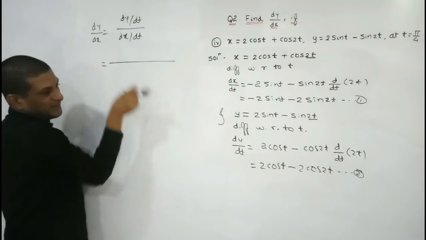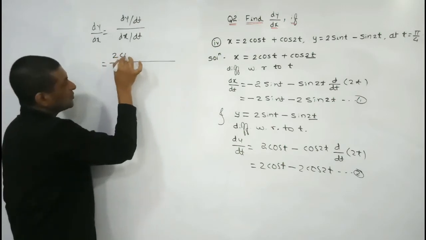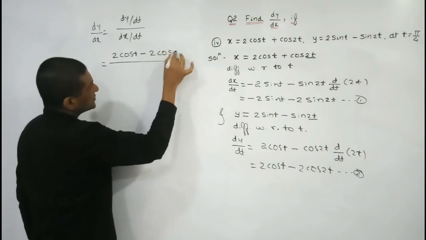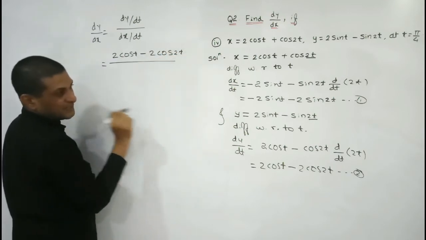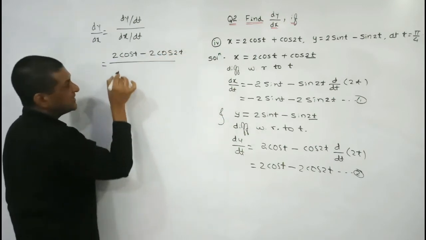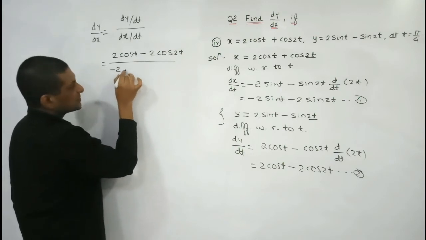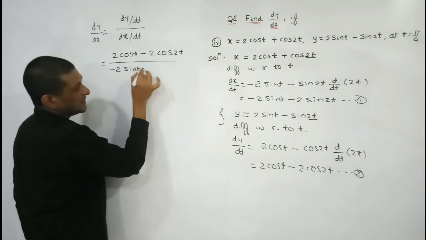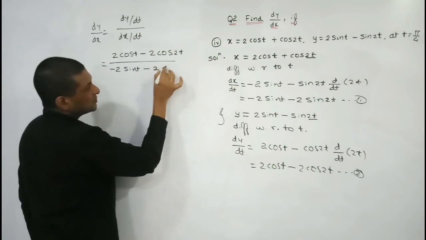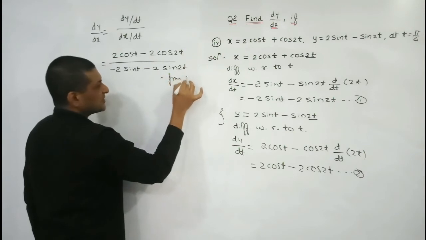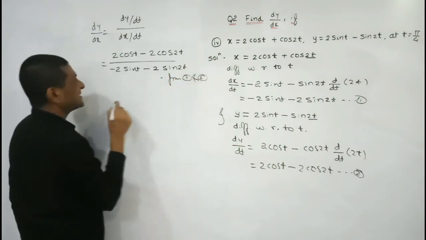So replace dy by dt, its value 2 cos t minus 2 cos 2t, and in the denominator substitute the value of dx upon dt, that is minus 2 sin t minus 2 sin 2t. Both these values we have substituted from equation first and second.